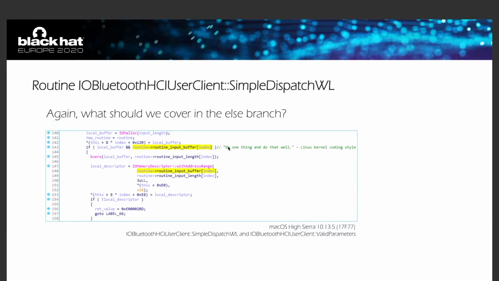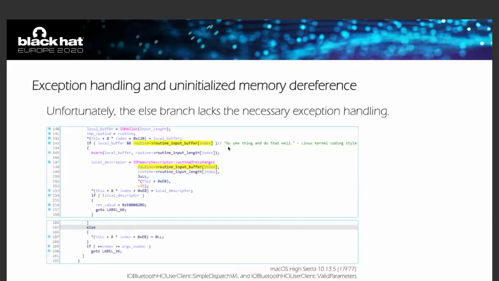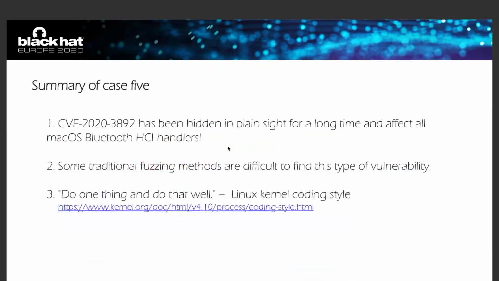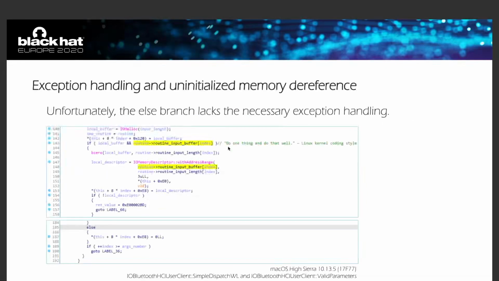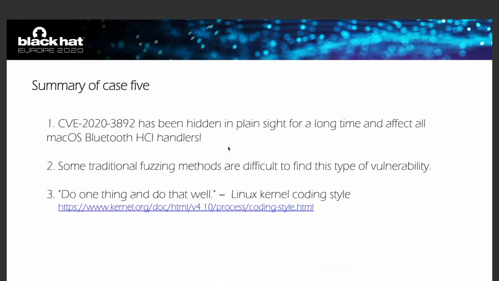But what about the actual situation? We can see here, the else branch has nothing. This means that an attacker can bypass or skip the initialization process of the function validating parameters by only providing the input length. And this uninitialized buffer is then passed to all HCI handlers.